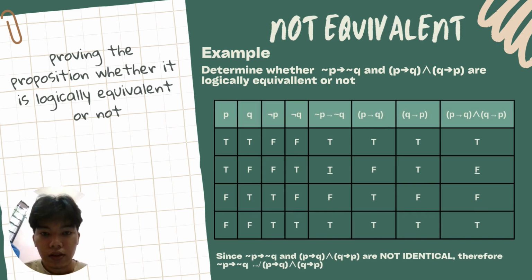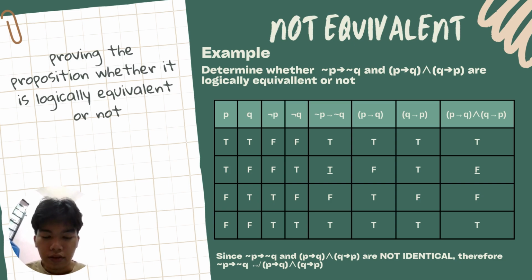So we can conclude that not (P and Q) and (not P) or (not Q) are logically equivalent. So next, for a proposition that is not equivalent, for example, determine whether "if not P then not Q" and "if P then Q and if Q then P" are logically equivalent or not.